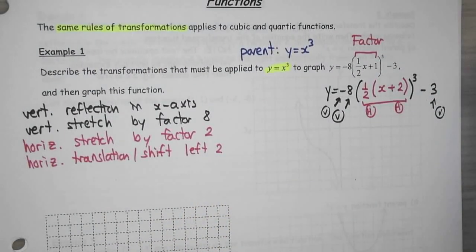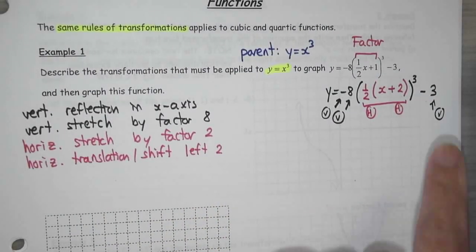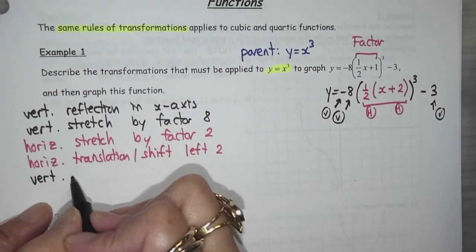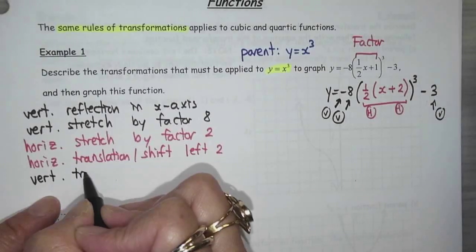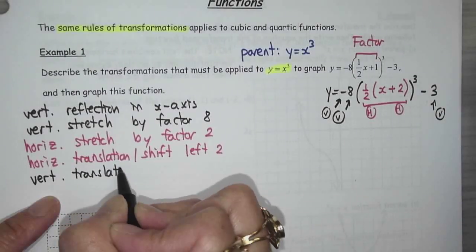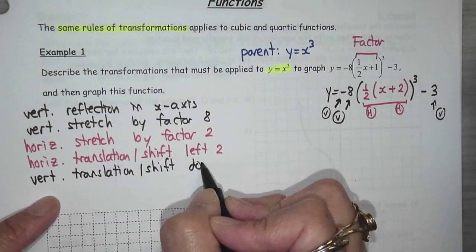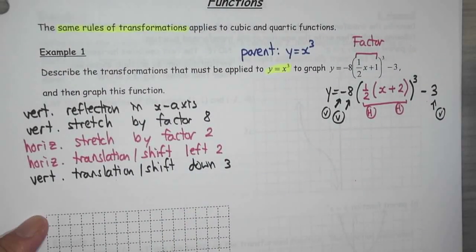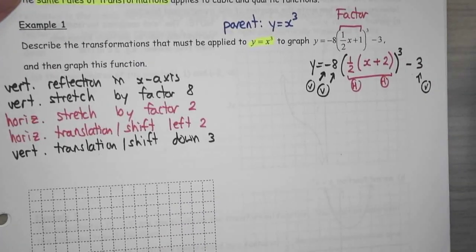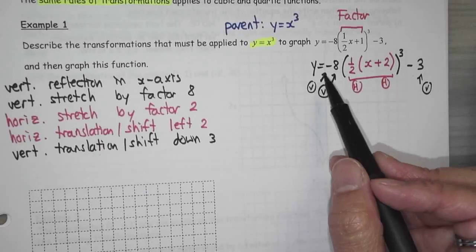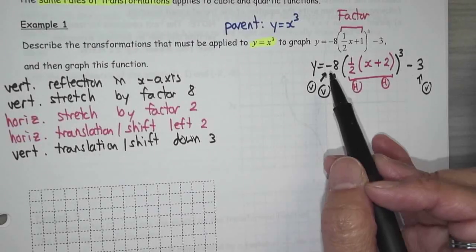And then for the last one here, this will be a vertical translation or shift, and it's down 3. All right, so those are my vertical, horizontal, and we're going to do this. Now, there are 2 ways to do this. One way is to go ahead and use all this and then do our times 8 and such.